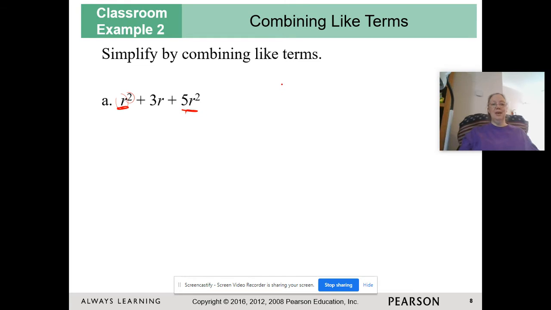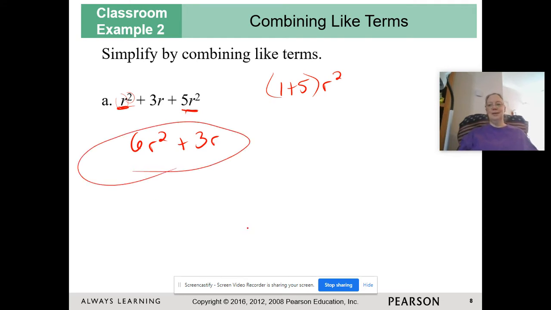When we add them together, we're going to add the coefficients and the variable stays the same. So this right here is going to give me 6r squared. I cannot combine the 3r with my r squared. That is as simple as we can make that expression. This one, these are not like terms. We cannot combine these. So this is this, we're done. We can't combine them.